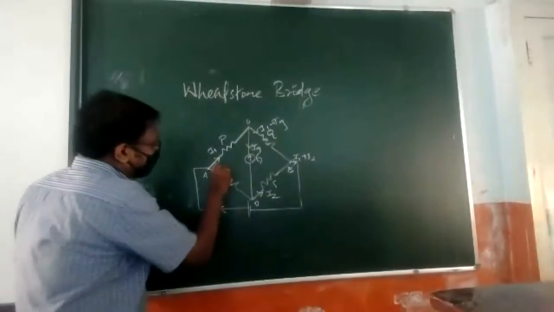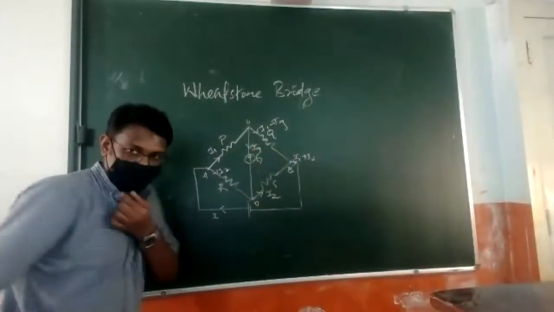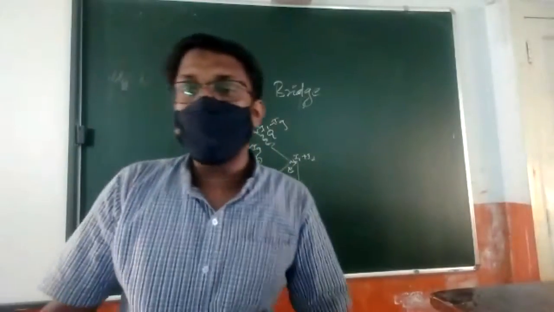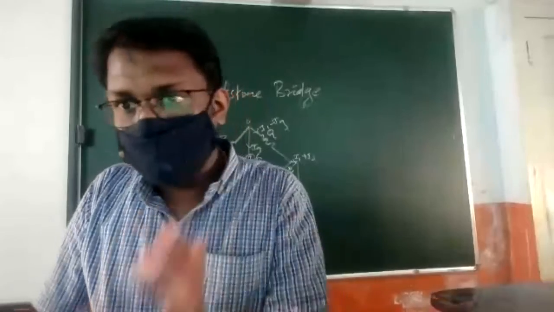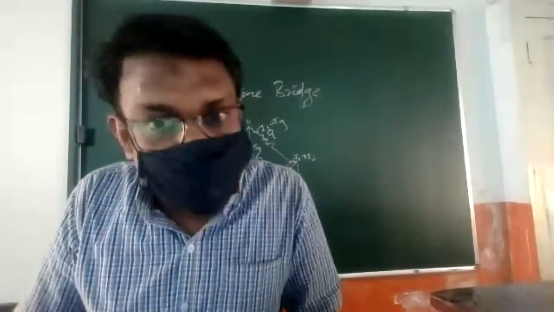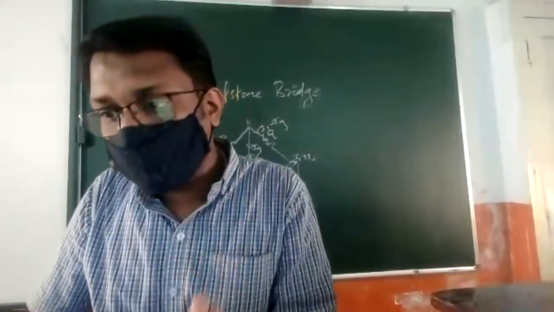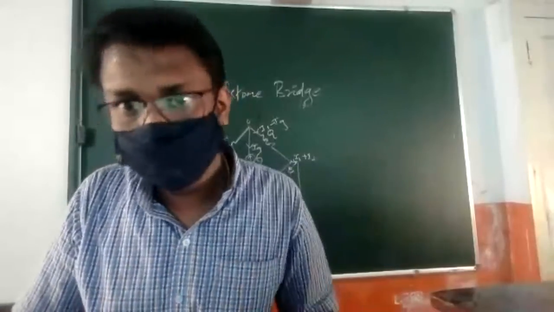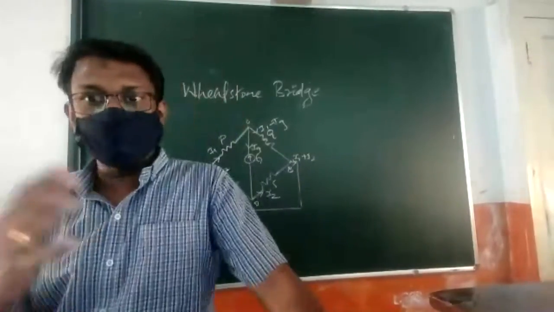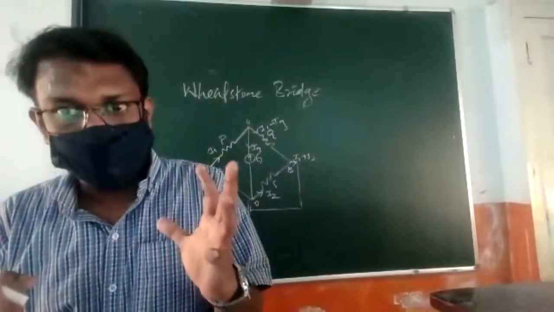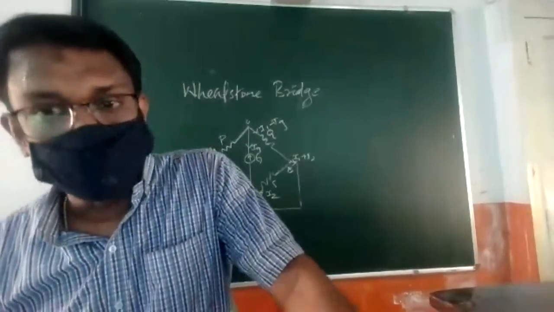We can adjust the values of P, Q, R, and S, the values of the 4 resistors in that circuit, in such a way that there is no current flowing through the galvanometer.